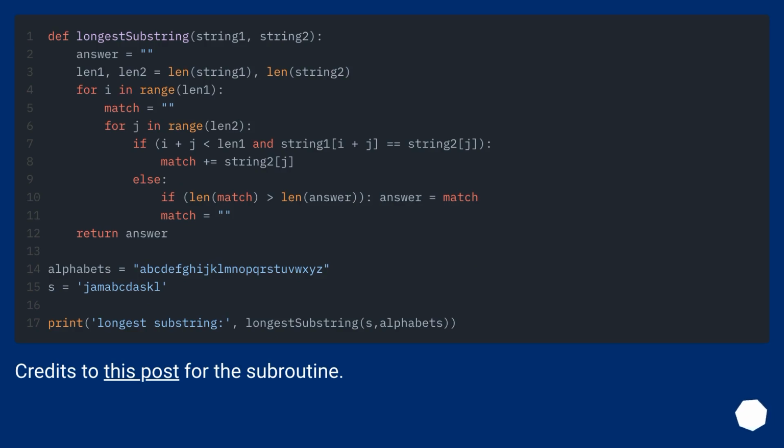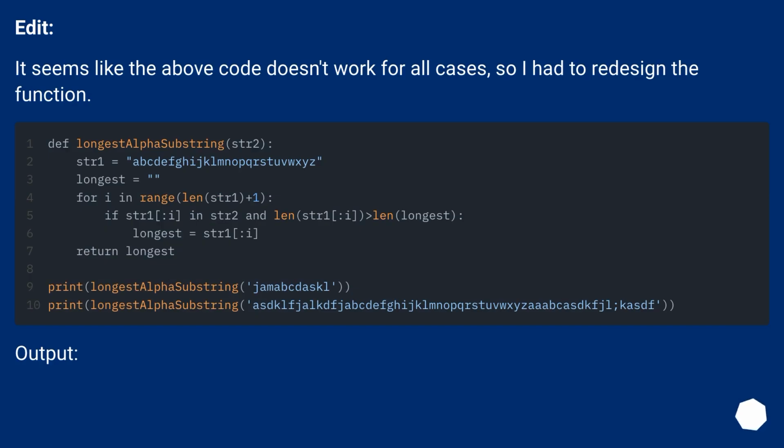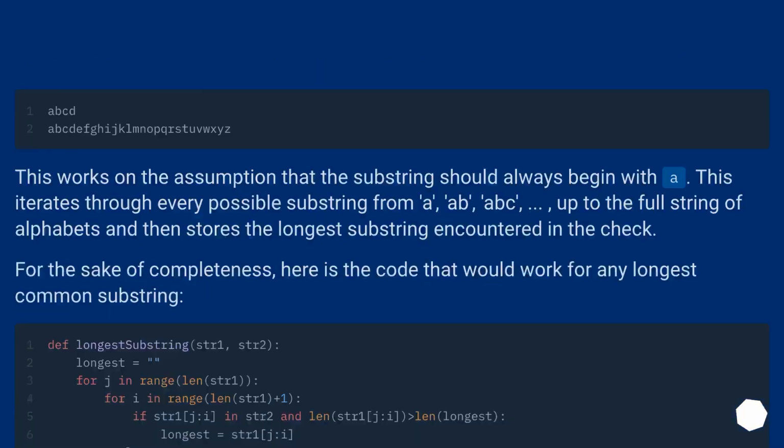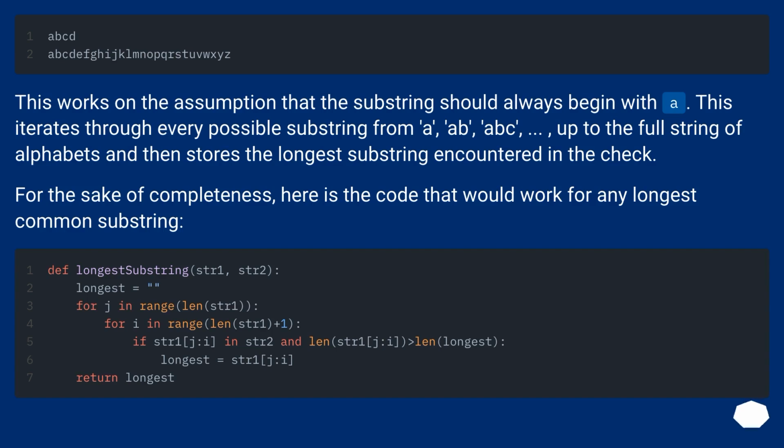Credits to this post for the subroutine. Edit: it seems like the above code doesn't work for all cases, so I had to redesign the function. Output. This works on the assumption that the substring should always begin with A. This iterates through every possible substring from A, AB, ABC, up to the full string of alphabets and then stores the longest substring encountered in the check.